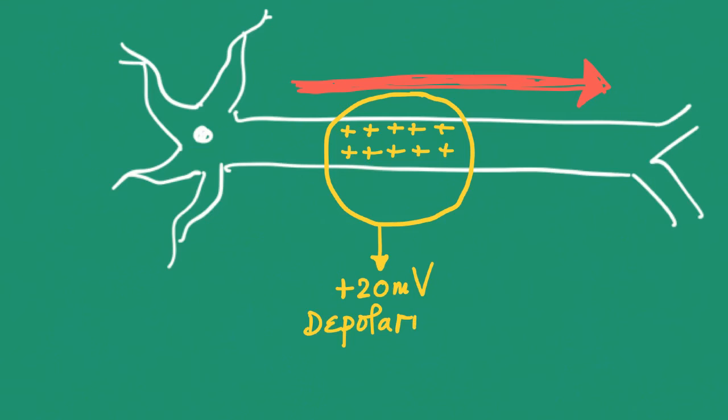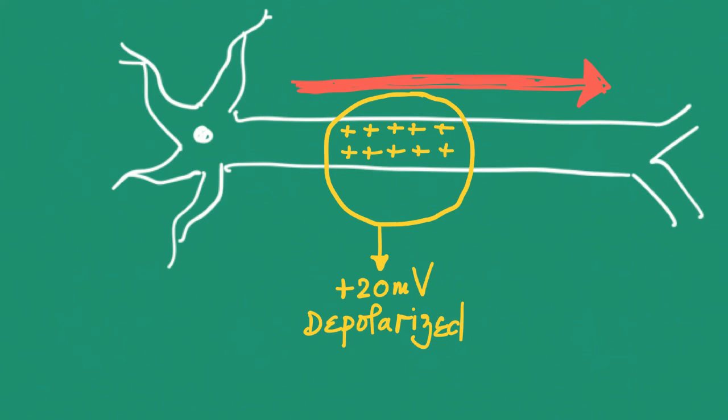Here, because it's the depolarization phase, the inside is going to be positive, and so the voltage is about plus 20 millivolts. We say that the membrane is depolarized.